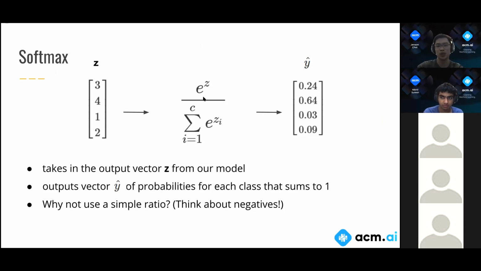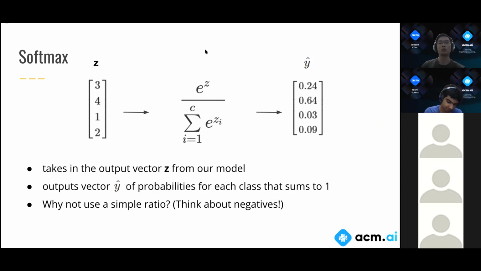You could also use any function that would not output a negative value, but you want this property where if the number is negative, the output is close to 0, and if z is a big number, the output is also a big number.